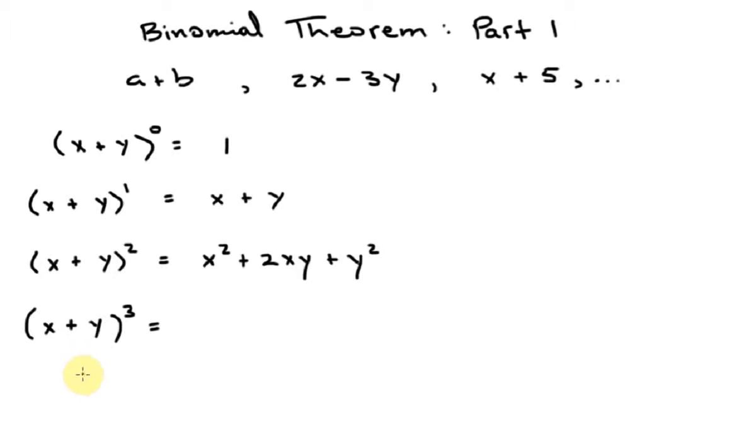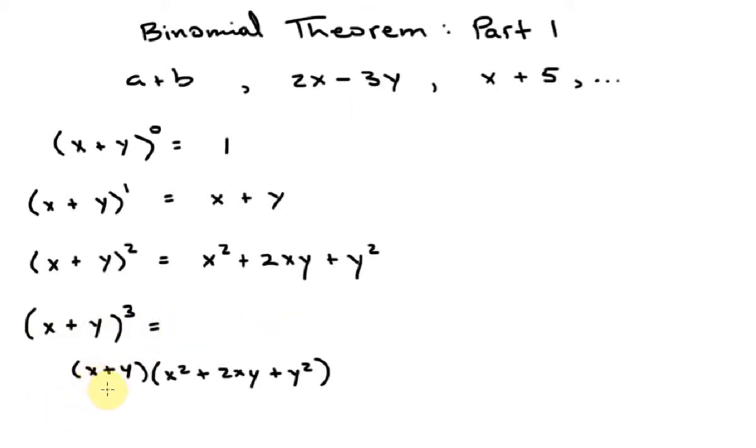Just to make sure we're clear on that, let me show you how I would do it. I would take x plus y and multiply it by the x plus y squared. So this is going to give me the one I already know, which is x plus y squared. And if I expand this all out, then I'm going to develop the expansion of x plus y cubed.